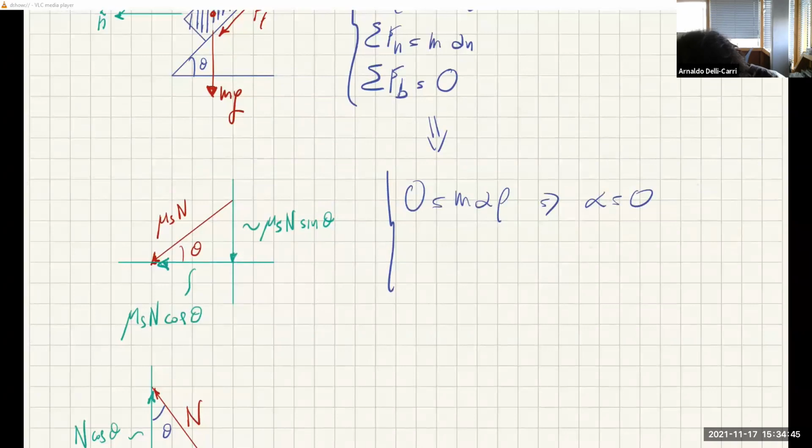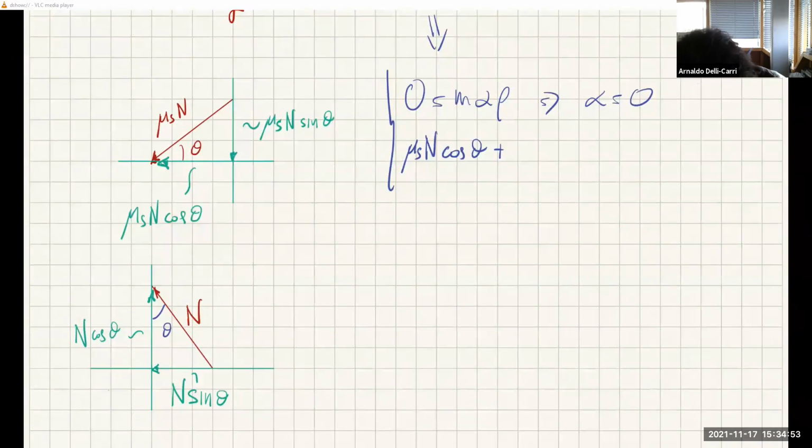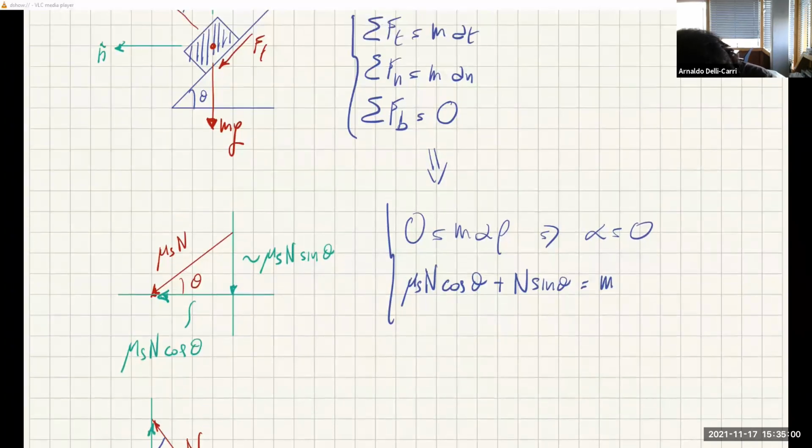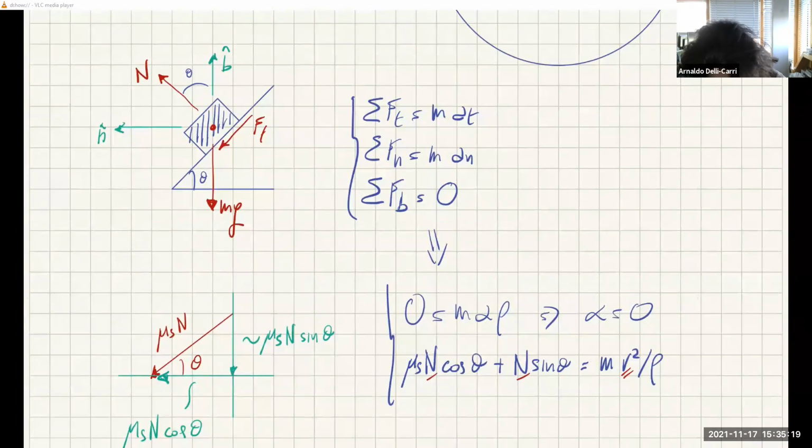And I would say mu s n sine theta, sorry, cosine theta, plus n sine theta equals m v squared divided by rho. Let's check how many unknowns we have here. This is unknown, and this is unknown. So we have one equation in two unknowns. So we need to write the other equation, because the other equation contains information on n.